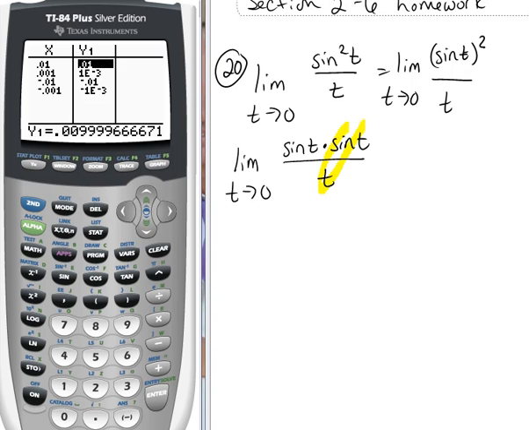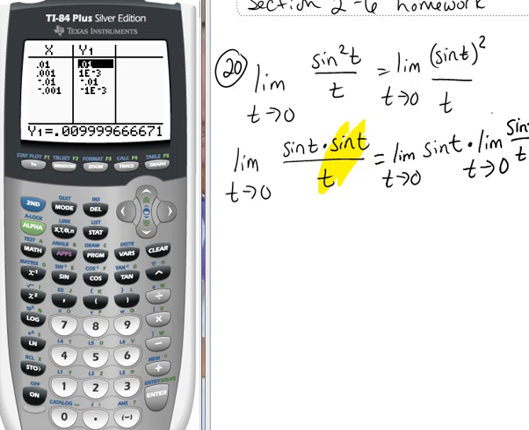Notice sine t over t, if you think of the limit as t goes to 0 of sine t over t, we proved that that was 1. So these limits both exist, so we can use the basic limit laws to write this like this, because both of these limits exist.